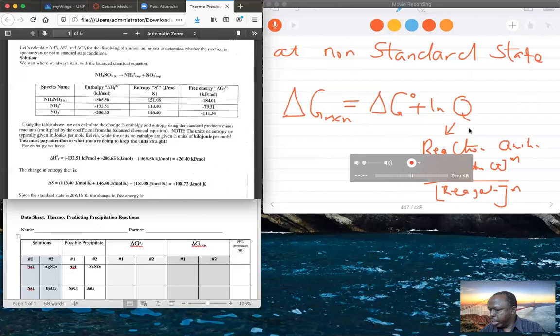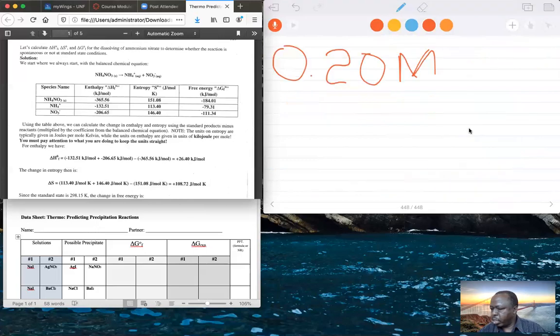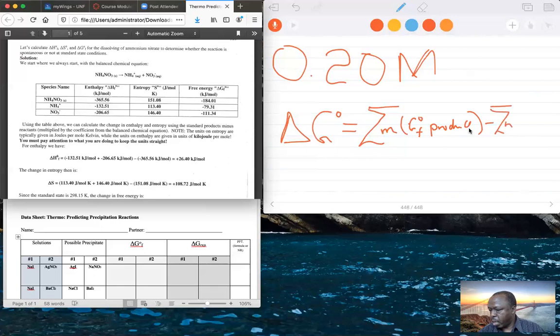For delta G naught at standard state, delta G is determined by using this equation: summation, that sigma means summation, of the coefficient in the balanced equation times delta G naught of formation of the products, minus summation of N times delta G naught of formation of the reagents, R for reagent.